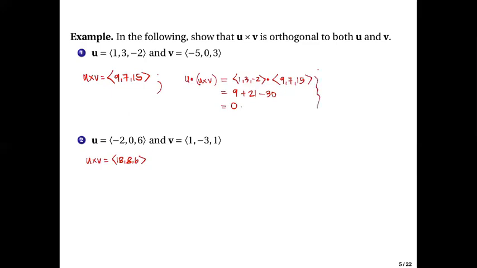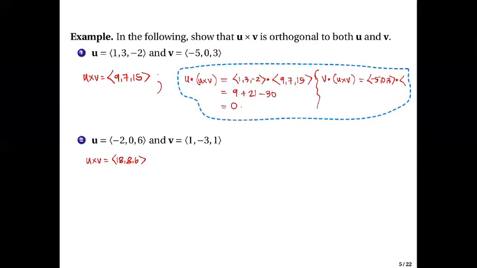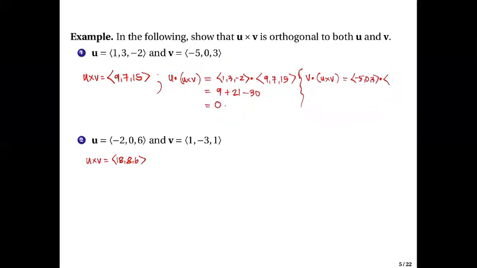For the other one, you have V dot U cross V. So our vector V is negative 5, 0, 3. Negative 5, 0, 3 dot it with the other one, which is 9, 7, 15.